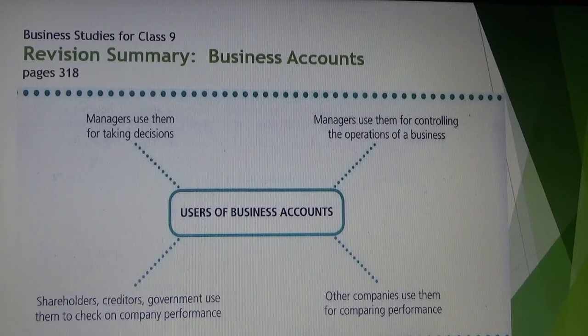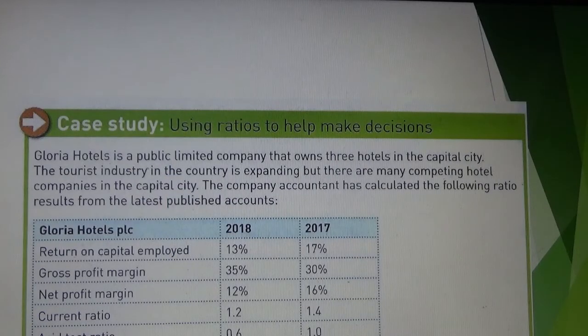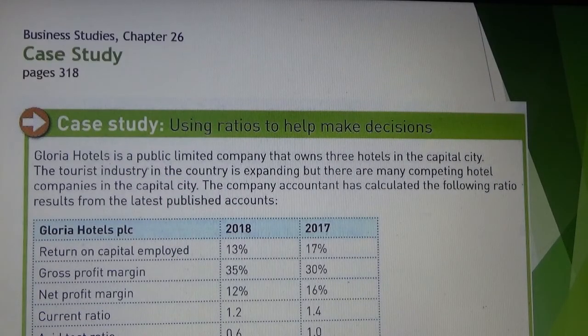Okay, let's go to another case study using ratios to help make decisions, which is found on page 318 of your text. So the case study reads on, and you have all the pertinent data here, and we shall go on answering activity 26.3, which refers to this case study.